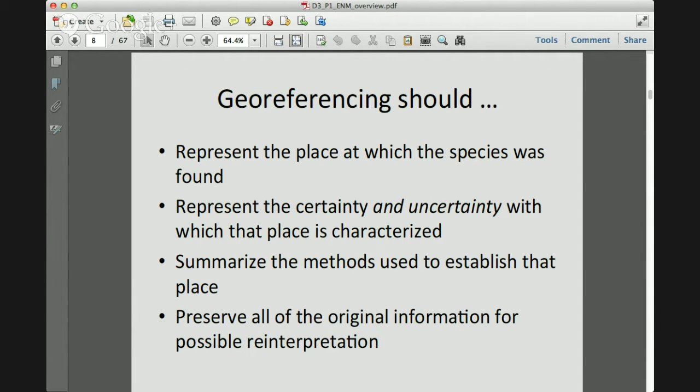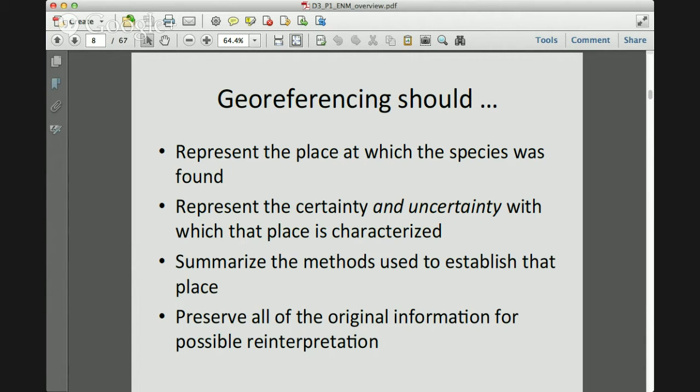And so a georeferencing step, which you may have to do if you need that half of the data that is not georeferenced, and half may be a high number when you look at the broader world of biodiversity information. But georeferencing needs to represent the place where the species was found as best as you can.